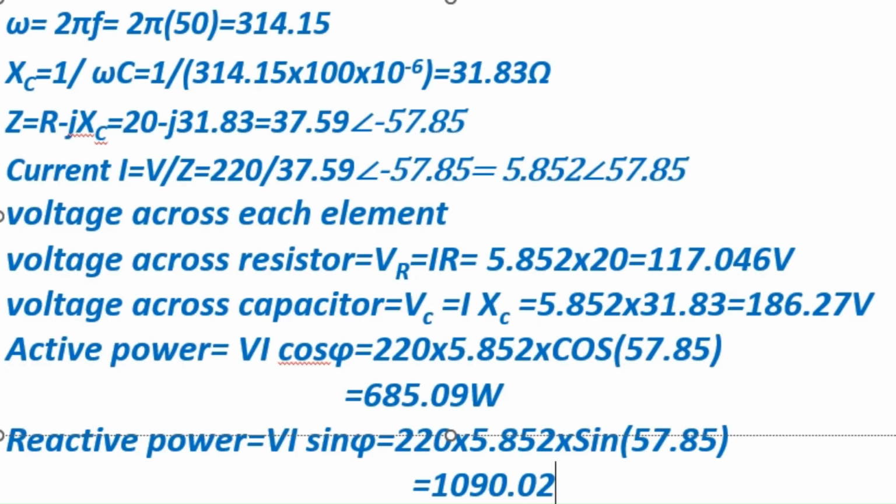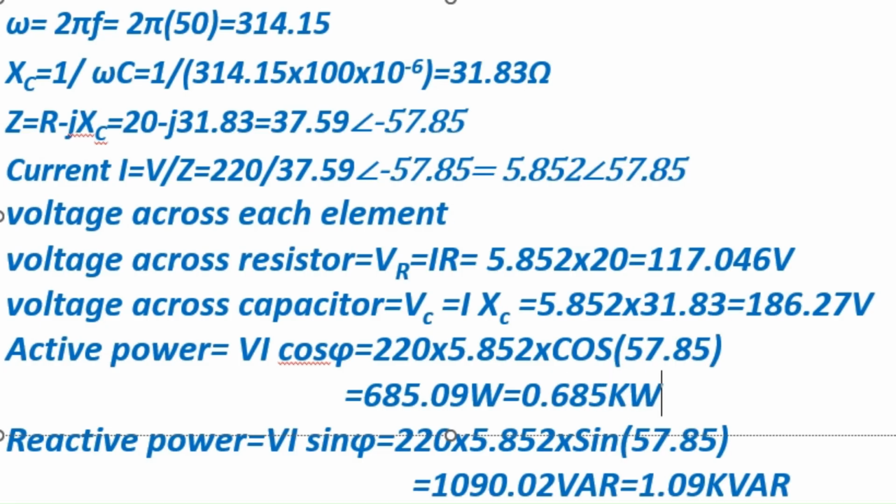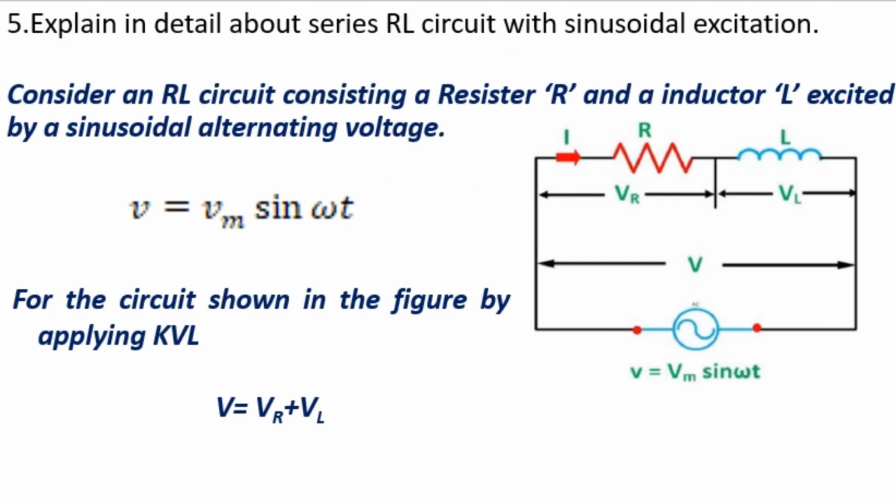The unit for reactive power is volt ampere reactive, or we can write it as 1.09 kVAR, kilovolt ampere reactive. Now the active power can also be written in terms of kilowatts, as 0.685 kilowatt.